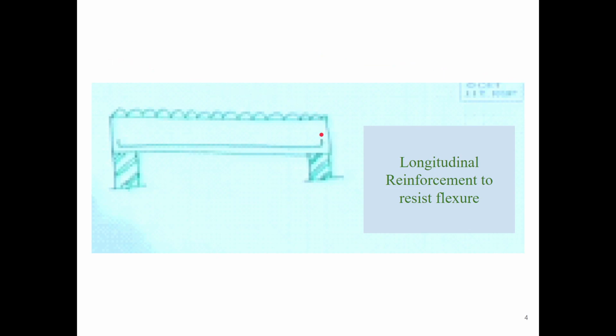If you see here, this is a singly reinforced beam having some UDL, that is, uniformly distributed load. The longitudinal reinforcement is resisting the flexure, the bending. But with the bending there will definitely be some shear component also.